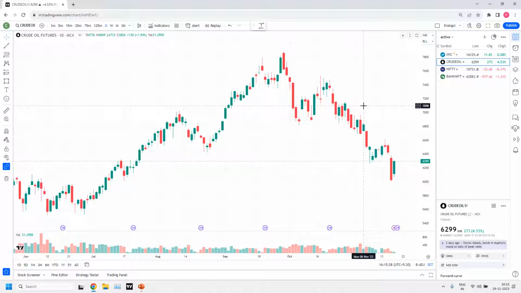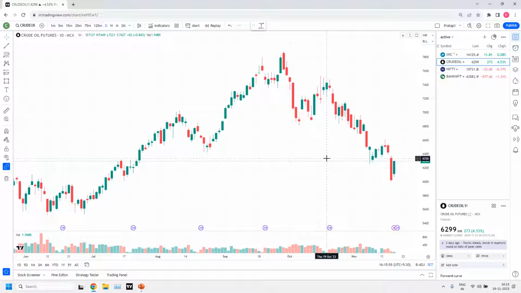We already learned 5 different types for identifying the zone strength. Zone strength is identified based on the leg out formation, the leg out of a zone, maybe a demand zone or a supply zone. So what are the 5 things we have learned? One is a leg out with high explosive.